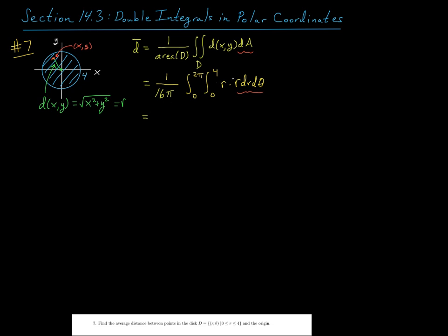Okay, so we're looking at that. And a couple things. Notice the integrand, r squared, does not depend on theta. So this thing can come out front, and then we're going to multiply that by the integral from 0 to 2 pi of d theta, and that's just 2 pi.